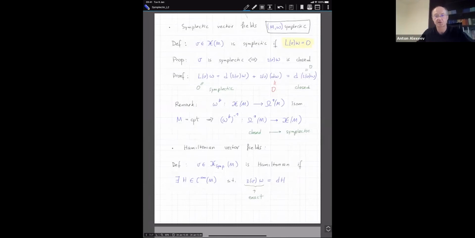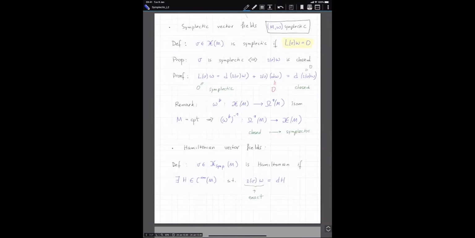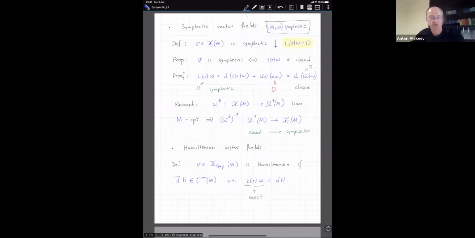So that's this condition, L of V omega is equal to 0. You run your vector field and the two form does not change. Basically, symplectic vector fields are infinitesimal symmetries of our symplectic structure. Assuming that a vector field integrates to a diffeomorphism, those diffeomorphisms will be real symmetries, automorphisms of a symplectic structure. So you move your manifold in some way, and you look again at the two form, and it turns out that it's the same. It didn't change.